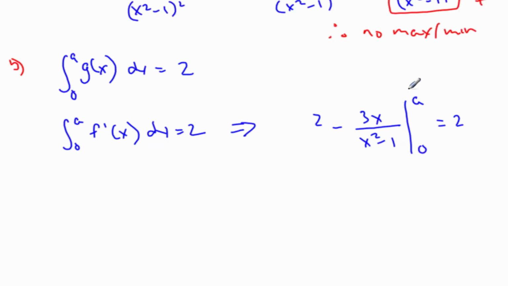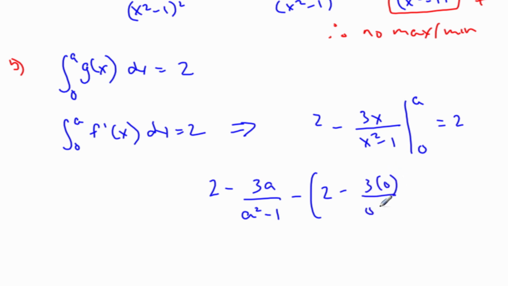Now I'm just going to do some algebra here, plug in my a, so it's 2 minus 3a over a squared minus 1 minus 2 minus 3 times 0 over 0 minus 1 equals 2.